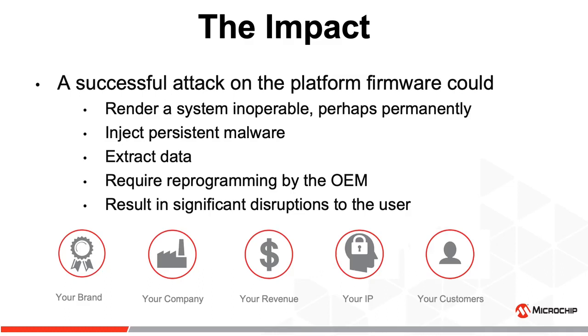And your customers, we've already talked about the impacts to the users, but it will definitely have an impact on your users if they have to clean up anything, if they have to reprogram it, et cetera. So the impact of a platform firmware attack is very significant, not only to you and your company, but to your customers and their livelihoods.